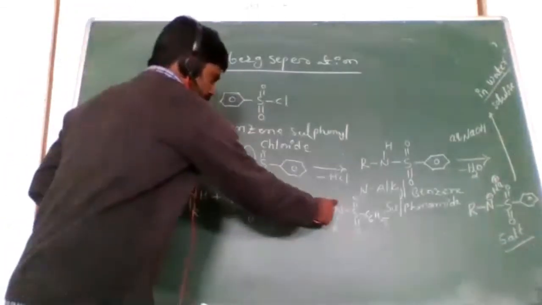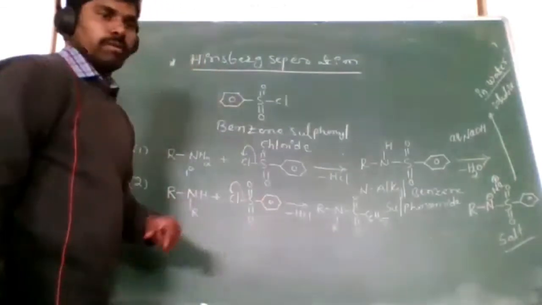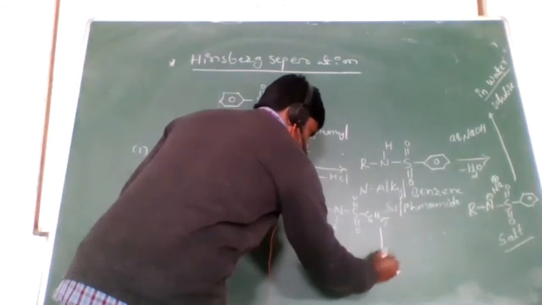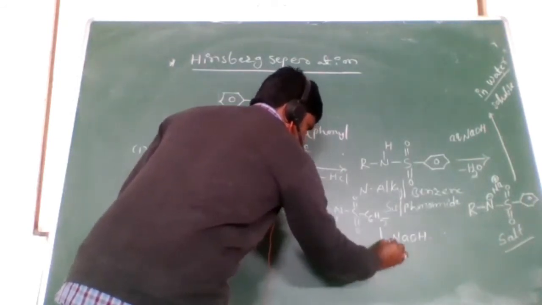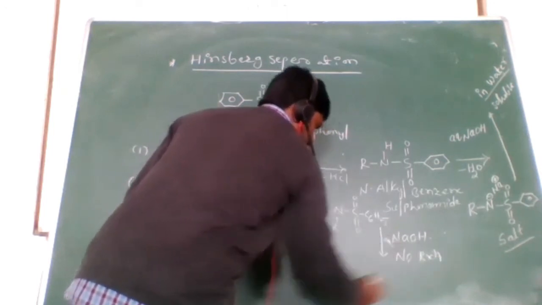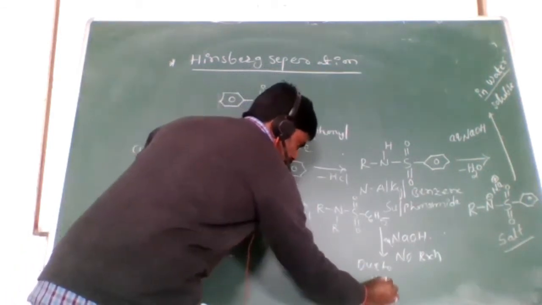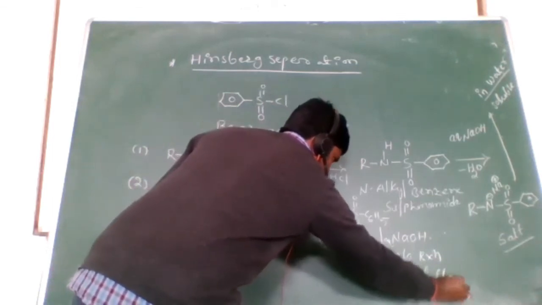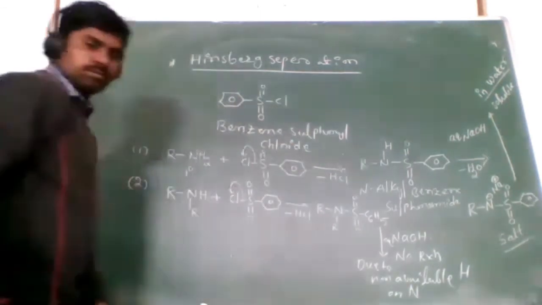Here, are there any hydrogens on the nitrogen? No, there are no hydrogens available on the nitrogen. So when you add aqueous NaOH, no reaction, due to non-available hydrogens on nitrogen.